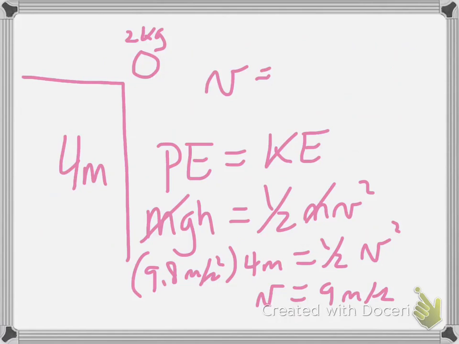Okay. But the mass is canceled out. That means that the mass has nothing to do with it as long as we're assuming that there's no air resistance. But this is a typical type of conservation of energy. Sure, you could probably use kinematics equations to find this, but this is a shortcut. You'd have to use multiple kinematics equations to come up with this exact same answer with one step.